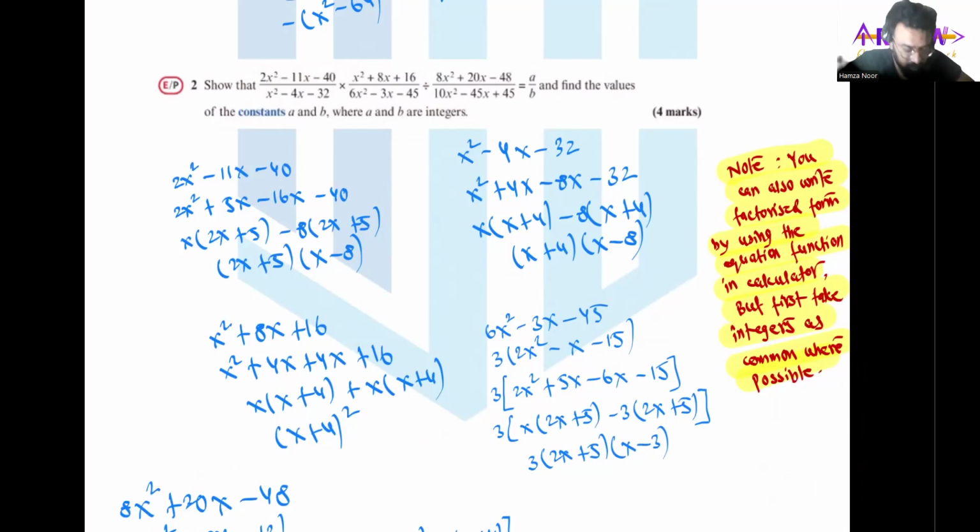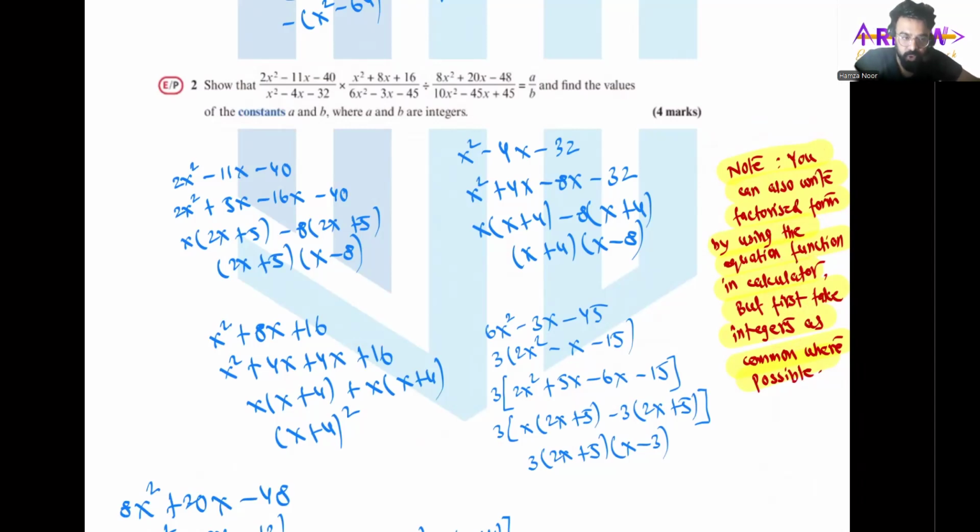But I've mentioned a note as well that you can also write the factorized form by using the equation function in your calculator. But first you have to take integers as common where possible, as you did the same thing in P1, P2 as well, mechanics as well.